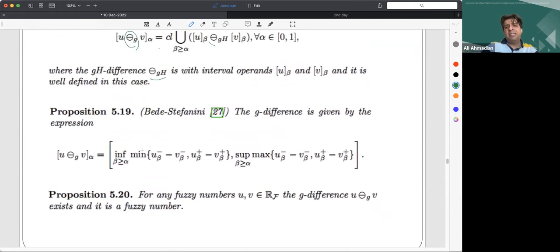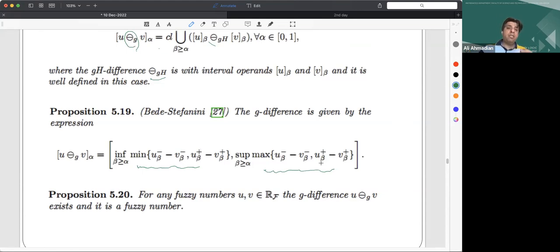But what it wants to tell us is that if we have a difference based on the generalized difference, compared with the generalized Hukuhara difference, for the generalized Hukuhara difference we consider the minimum of the difference of left and right bounds and put it at the left side, and the maximum of this difference I put on the right side.